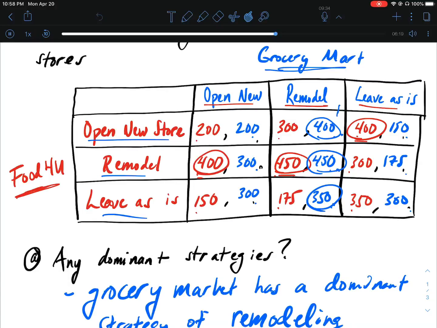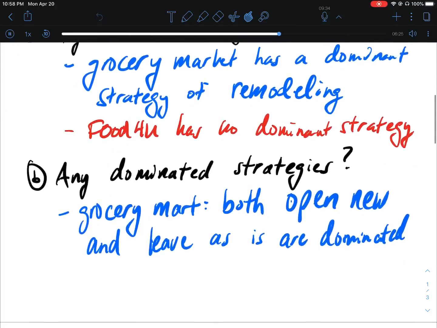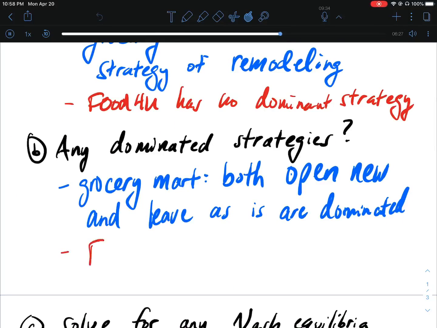Food for You, meanwhile, like I said, sometimes chooses to remodel and sometimes chooses to open a new store, but they never choose to leave as is. So for Food for You, leave as is is a dominated strategy.